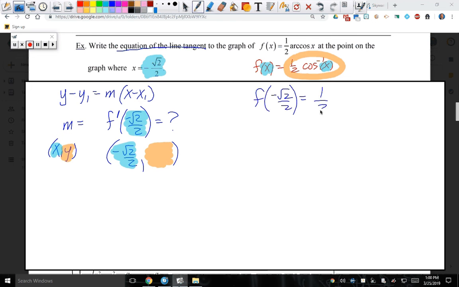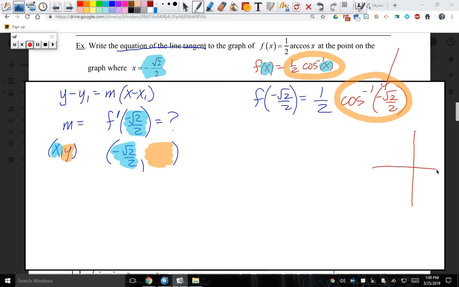So it's 1/2 times the arc cosine of negative root 2 over 2. We learned it today. We reviewed it today. You learned it last year. The arc cosine is negative. Look at that. A negative means I'm talking about the second and the third quadrant, because that's when x is negative, to the left of the y-axis.